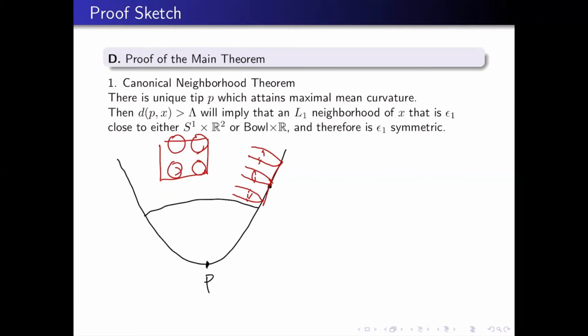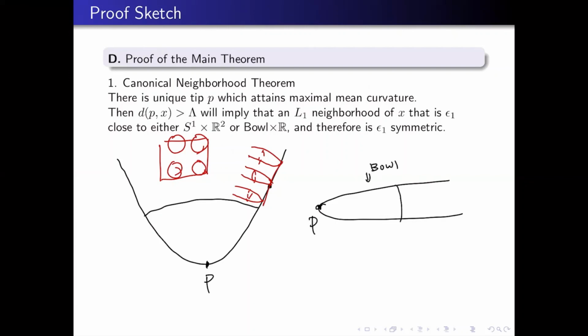Let me also mention what happens in the uniformly 2-convex case. In that case, the canonical neighborhood theorem is much simpler, but I would just give a brief version of that. Roughly speaking, it says that on an ancient solution, there's a P that attains the maximal curvature or the mean curvature, and around this P, it should look like the bowl soliton.